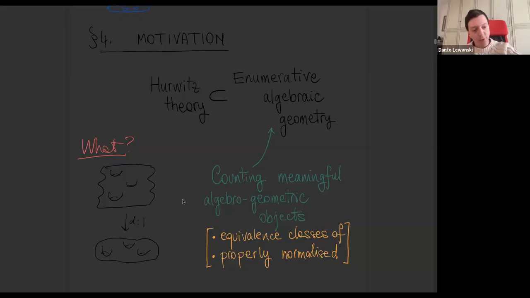And there's this beautiful story about remodeling the B model. There's this beautiful story about mirror symmetry. In mirror symmetry, as the experts in this audience probably know, you have the A model and the B model, and you have a way to pass from the A model to the B model by taking a mirror.